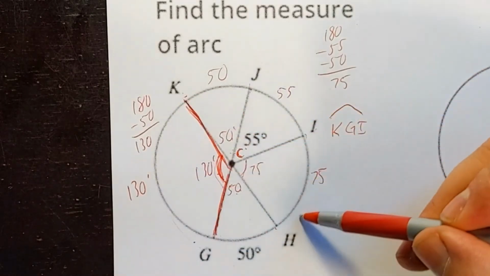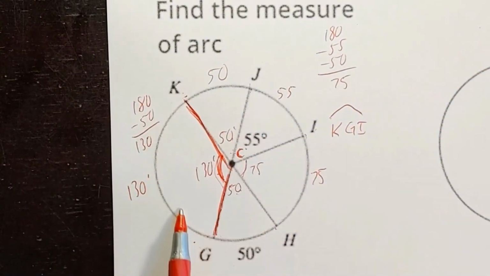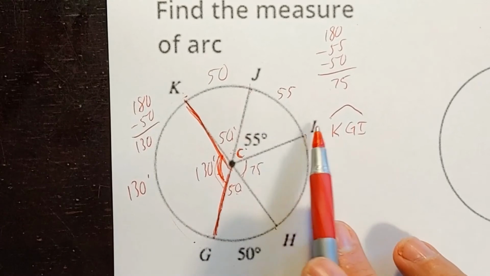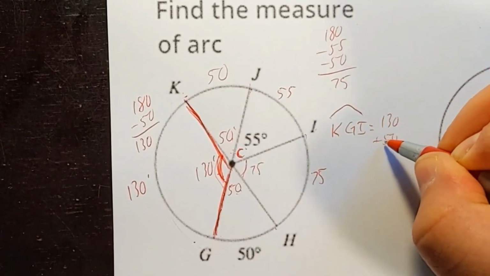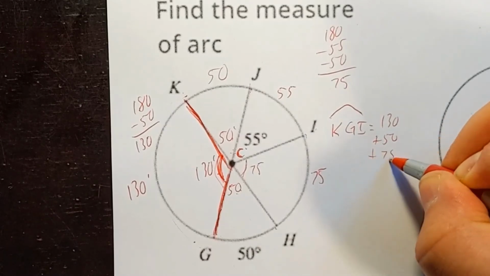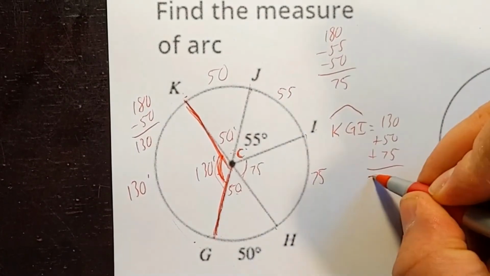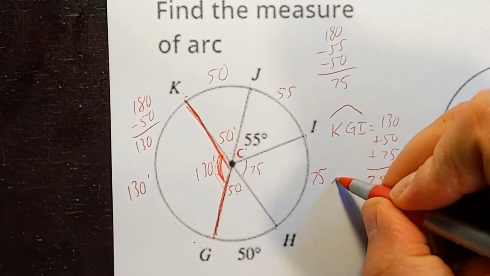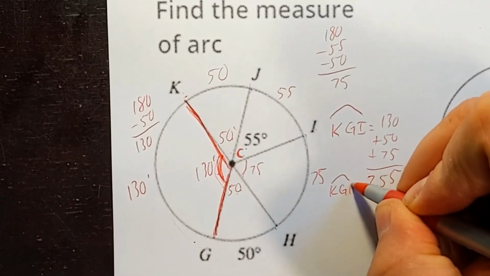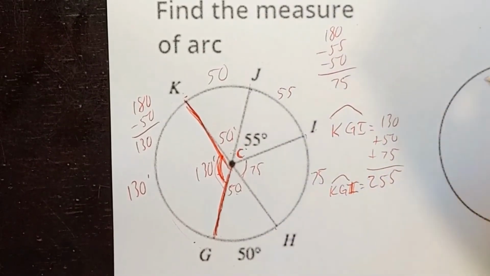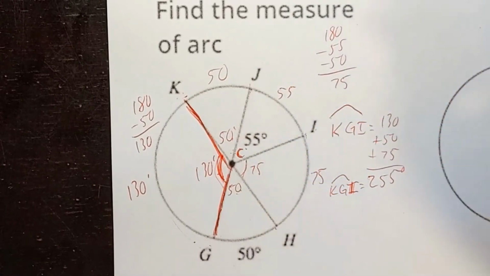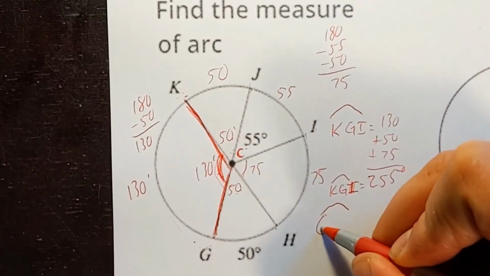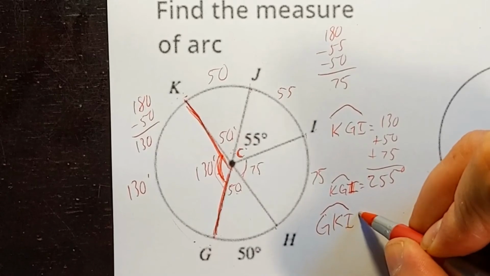Okay, for KGI, if you look, KGI is 130 and 50 and 75. So you're just going to go 130 and 50 and 75. And you get 255 for the arc KGI. Okay, let's try one more of those. Let's go GKI.